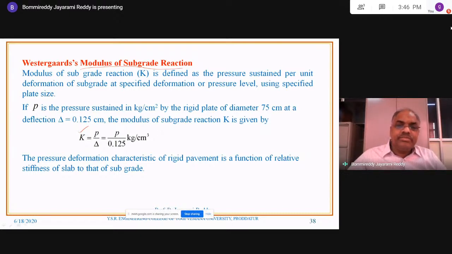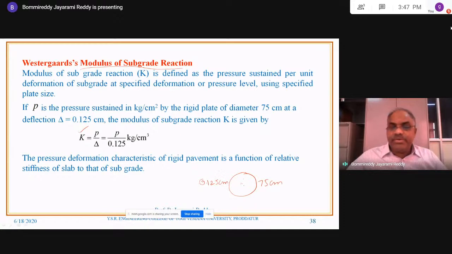So in this particular method, for computing the modulus of subgrade reaction, what normally we do is a plate of 75 centimeter is taken, and the load is applied on it. When the load is applied, the entire plate is going to deflect vertically by 0.125 centimeter.